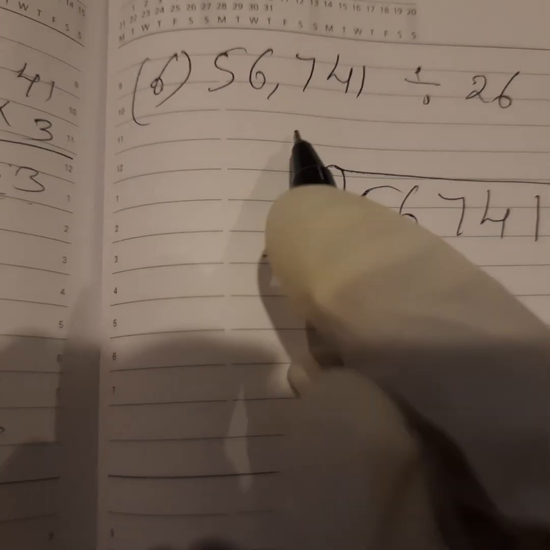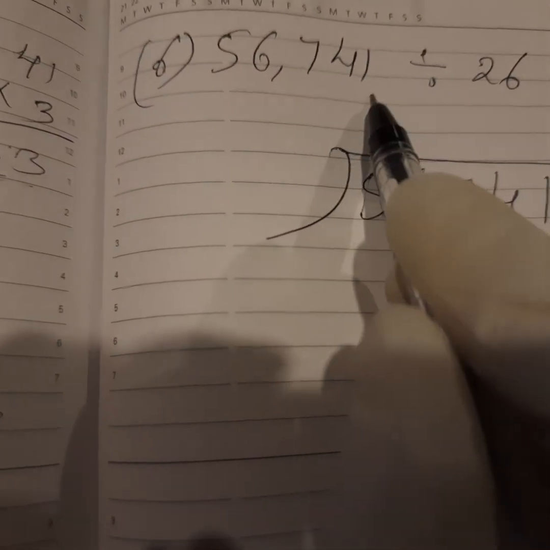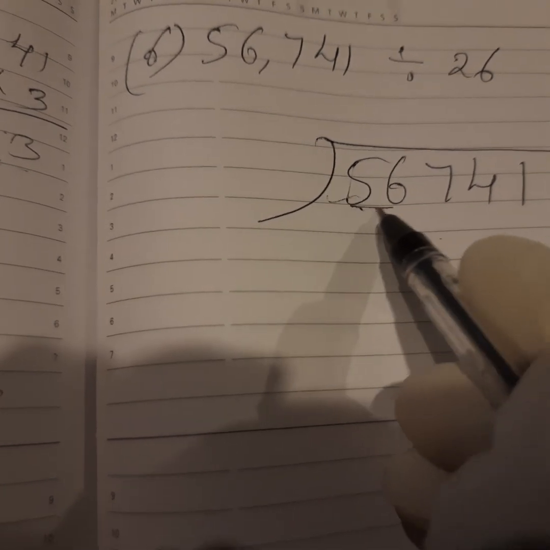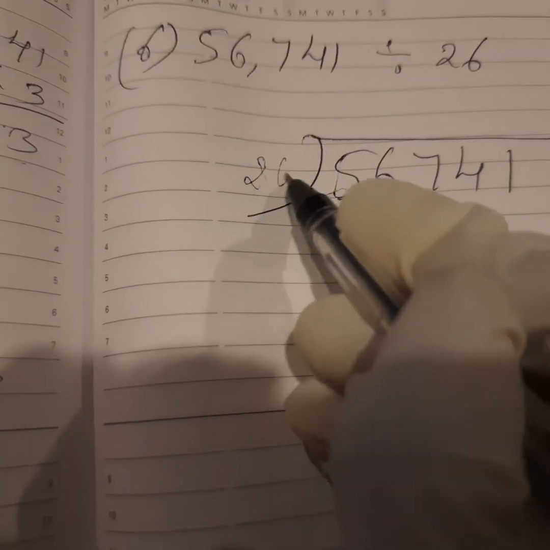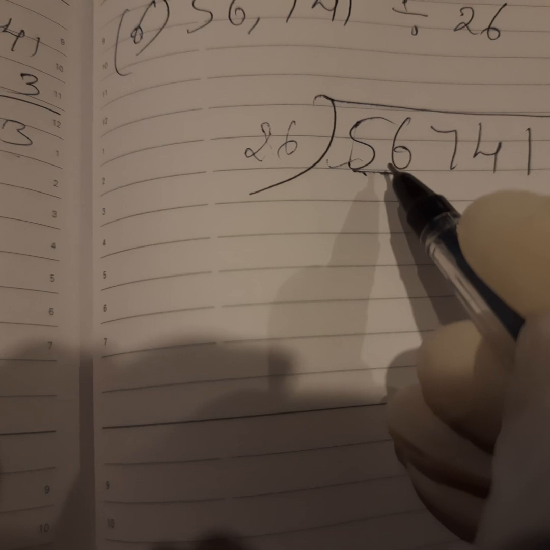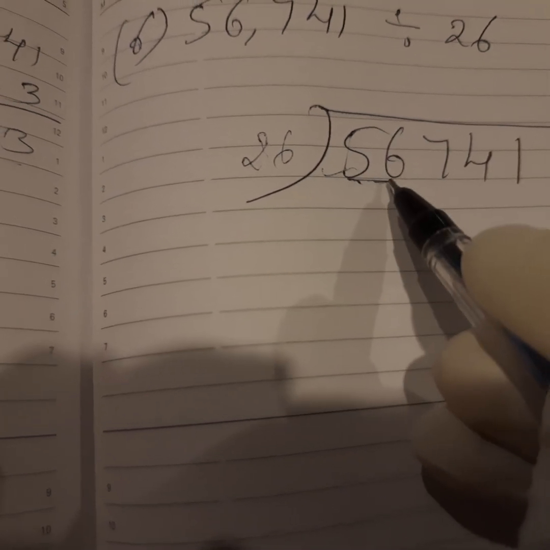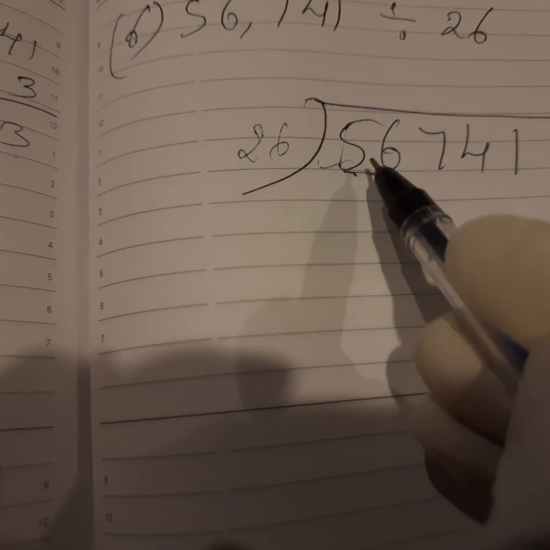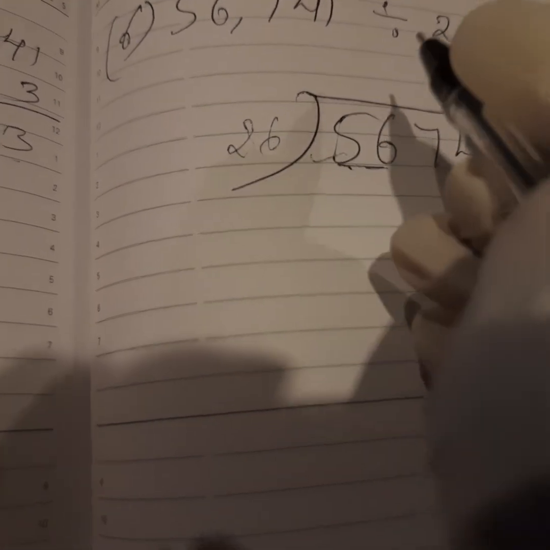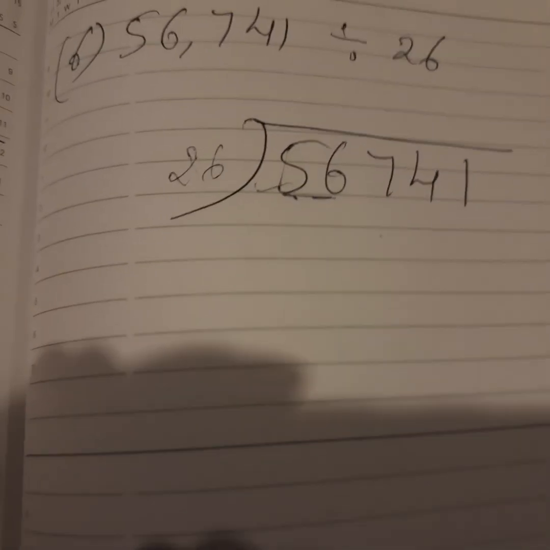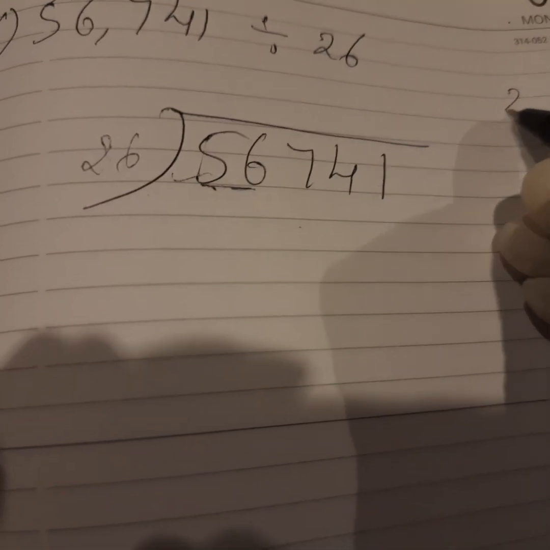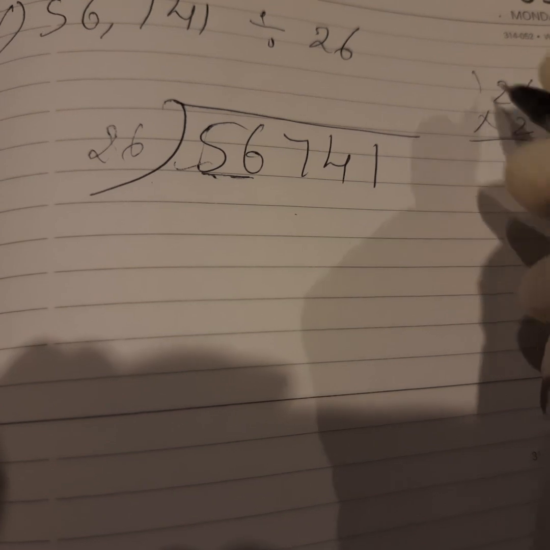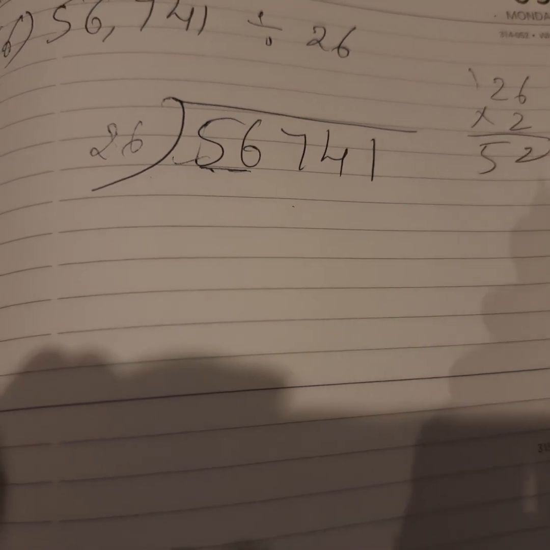Now the sixth sum, children. 56,741 divided by 26. Look here, we can take 2 digits because our divisor is a small number. So 26 3s is bigger than 56. Okay, so 2s will be how much? 26 2s will be the working we can do. 2 6s are 12, 1 carry, 2 2s are 4, 5, 52.